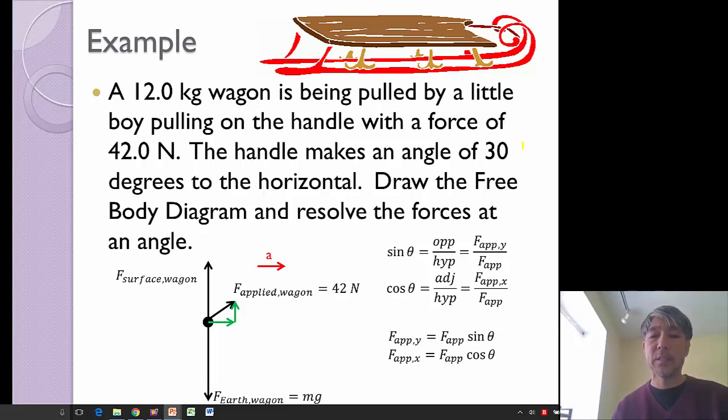The force applied x becomes the hypotenuse, or that 42 newtons, times the cosine of that angle theta. And we can therefore replace the force applied with the x and the y components. That way we can work simply in the x axis and simply in the y axis without having to use the complex x hat, y hat format.